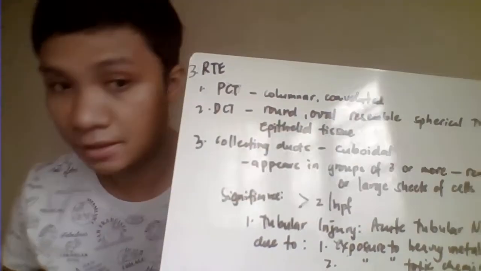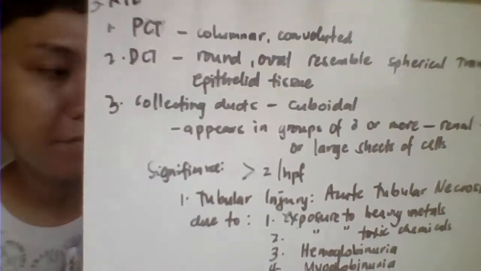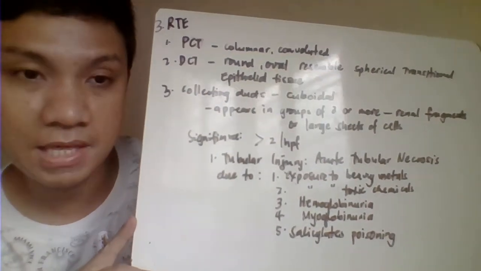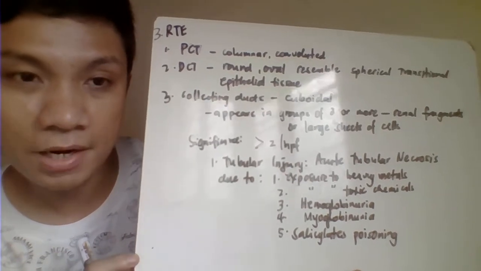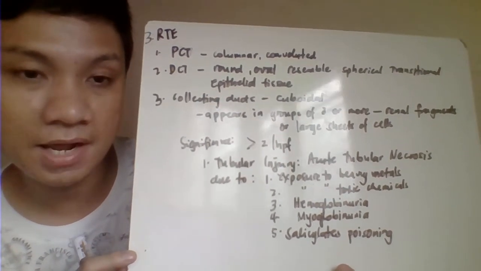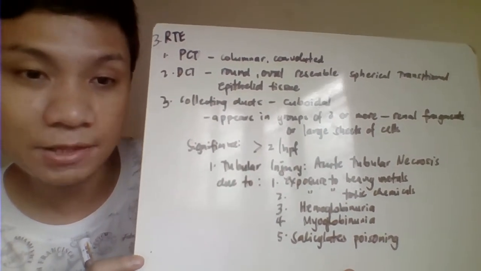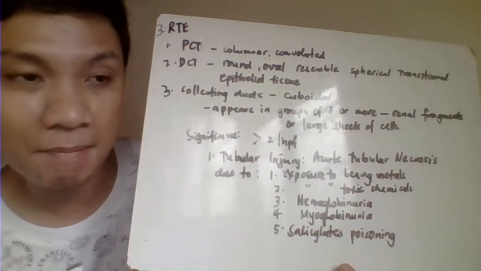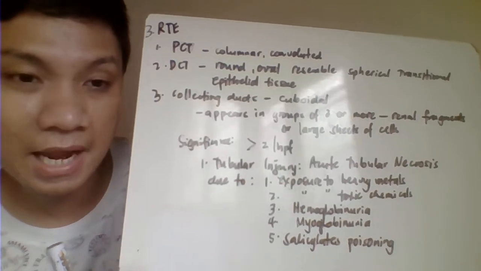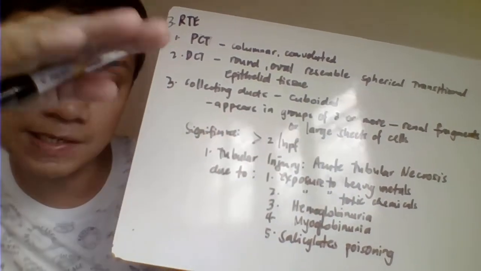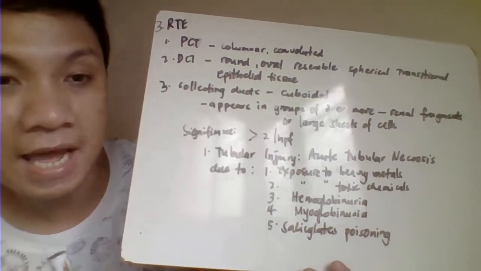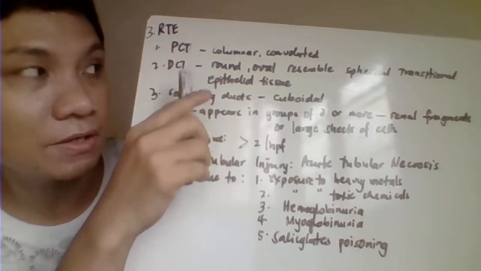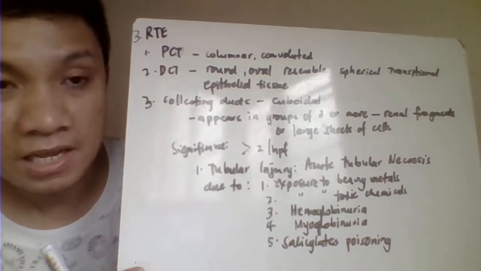Okay, the third epithelial tissue we have here, the renal tubular epithelial tissue. From the word itself, it originates in the renal tubules. So, medyo nasa paloob na siya. Okay, so kanina, di ba, pag squamous epithelial lang, nasa baba, tapos pataas, transitional, and nasa kidney na natin, so mga renal tubules na natin, so that's your renal tubular epithelial tissue.